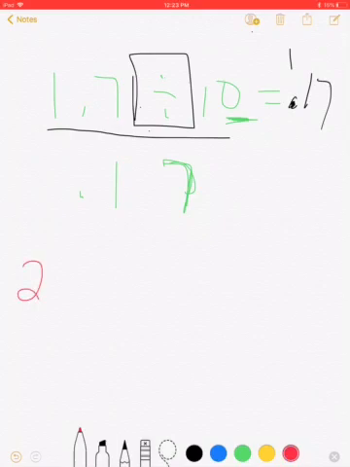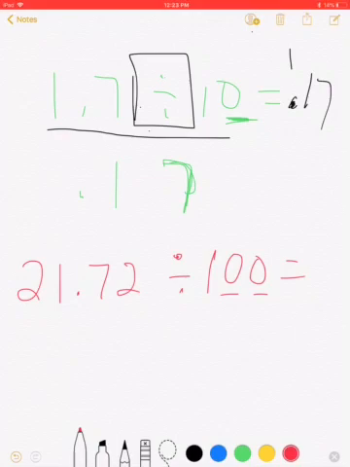Let's do 1.72 divided by 100. First thing I do is count how many zeros are in my base 10. Then I look at my math operation symbol.